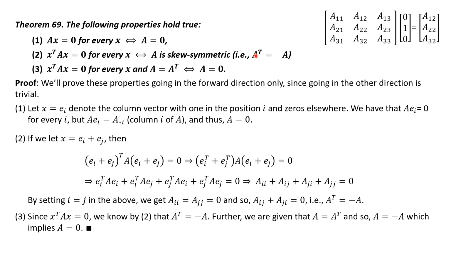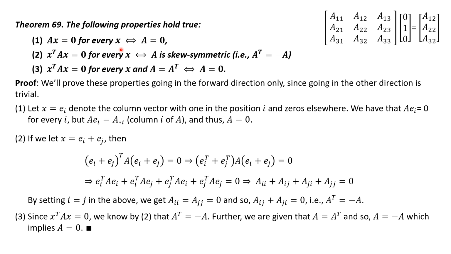In other words, A transpose equals minus 1 times A. And x transpose Ax equals 0 for every x and A equals A transpose if and only if A is the 0 matrix.